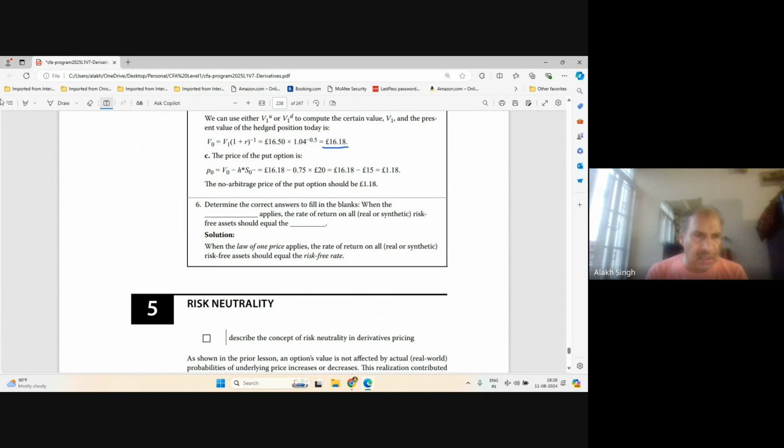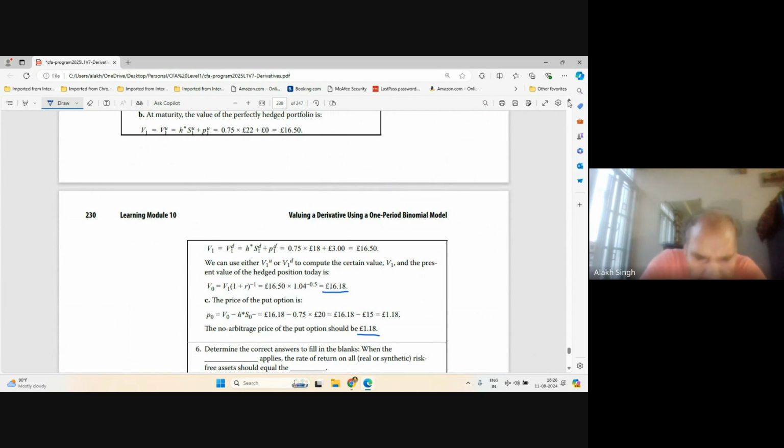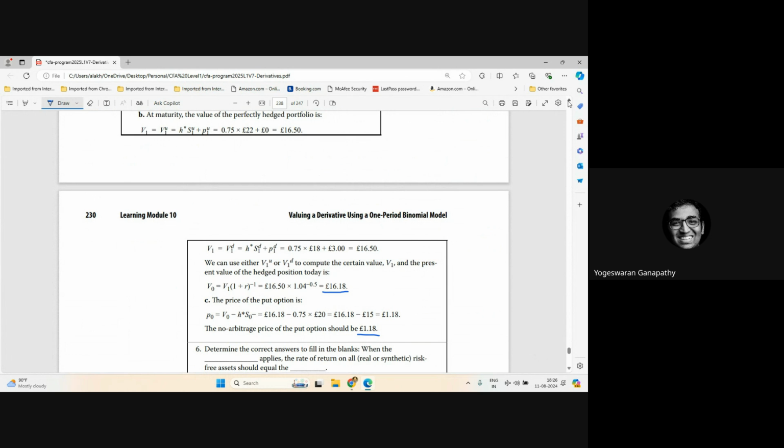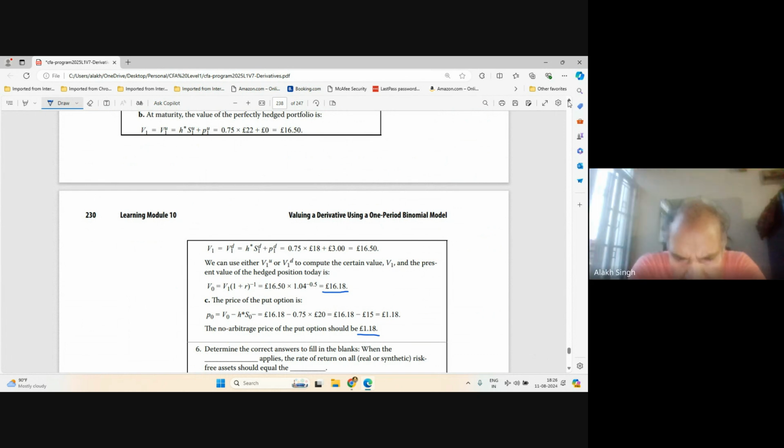Yes, 1.18, that's fine. Now answer question number 6. When no arbitrage applies, the rate of return on all risk-free assets should equal the risk-free rate.